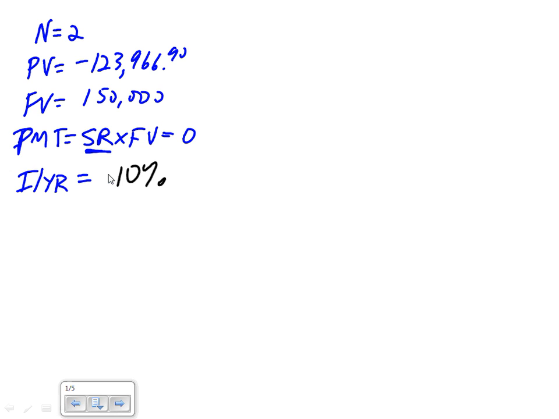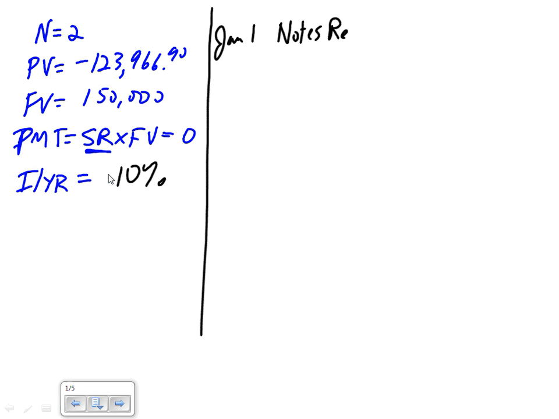Now that we've done that, we can do this problem, and let me just draw a line here. On January 1st, the note is going to go on the books at its face value, notes receivable, $150,000. But the present value of the note is $123,966. So there's a discount on that note receivable of $26,033.10.